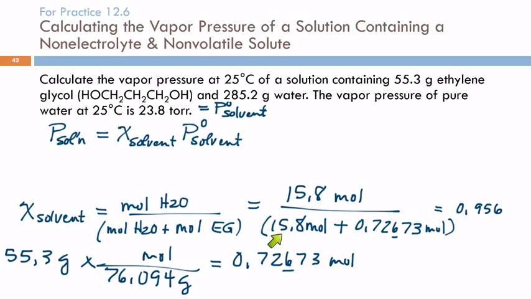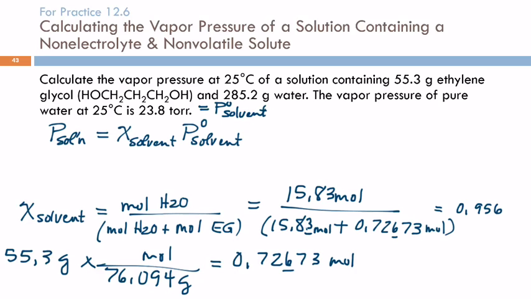If we're considering significant figures, when we take this 15.8 and add this, we should actually have 4 sig figs on that. 285.2 divided by 18.02 is 15.83, so that's 2 decimal places.